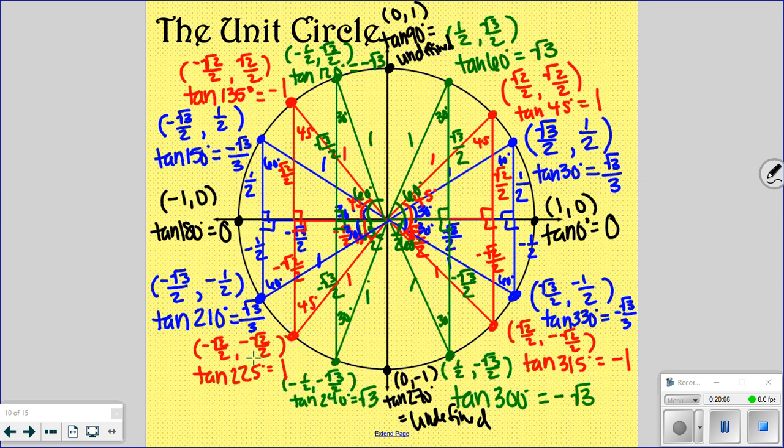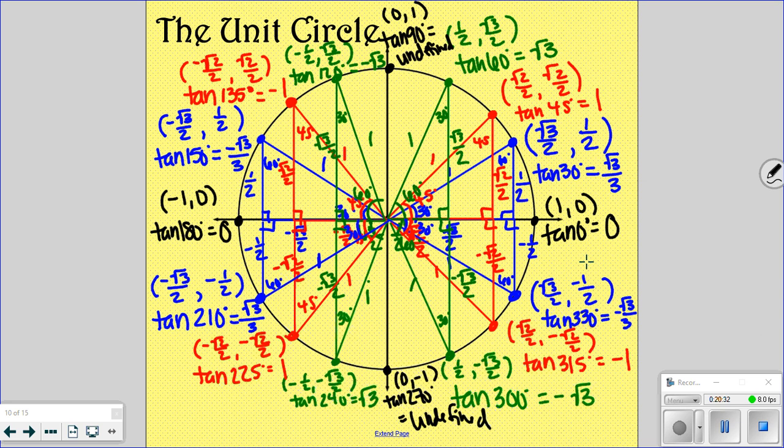So if you put tangent of 215 equals 1, that's going to be wrong. You have to make sure that you put the correct angle and then the correct number and the sign, whether it's positive or negative. So that quiz is going to be 48 points in total. Each part is going to be 1 point. So that's going to be your unit circle quiz that's going to come up pretty quickly.